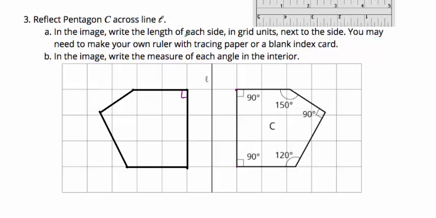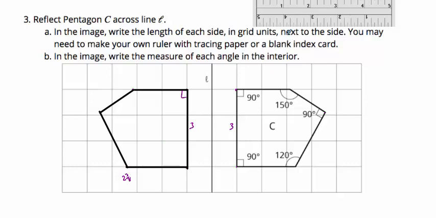So in the image, write the length of each side in grid units next to the side. So this I know is 3, and that's 3. These are going to be the hard ones, right? Because we have to estimate, just like we did in our warm-up today. We go 1, 2, and just a little bit less than a half. So I'm just going to say that's 2 and 3/8.